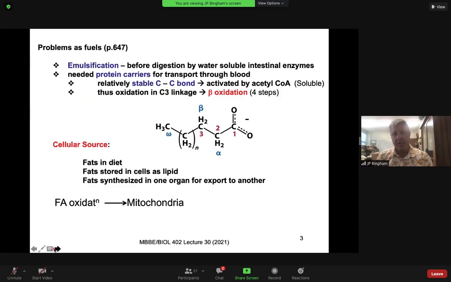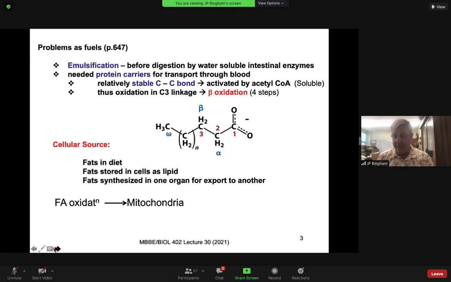So there are some problems with fatty acids, though, because one of the problems is a lot of our enzyme systems require solubilization. So we have to go through a process we call emulsification. This is basically where we make it accessible and interact with molecular water.